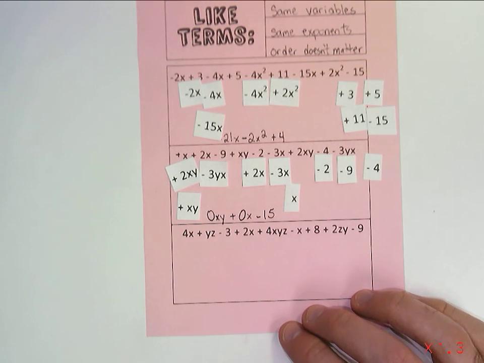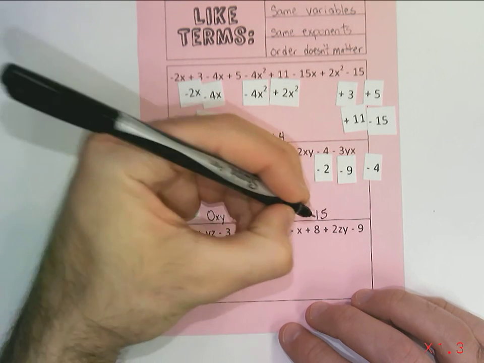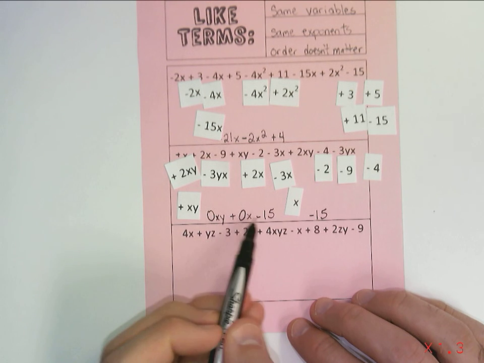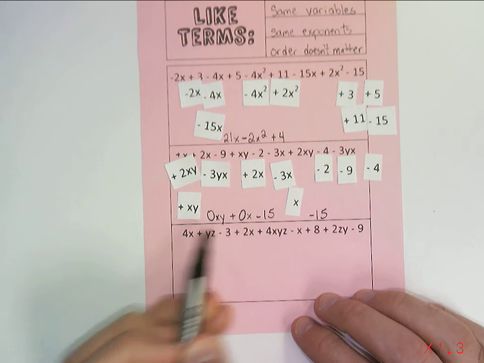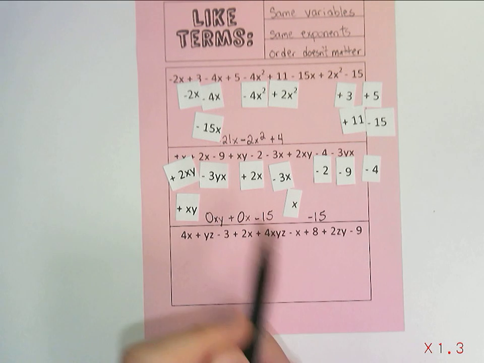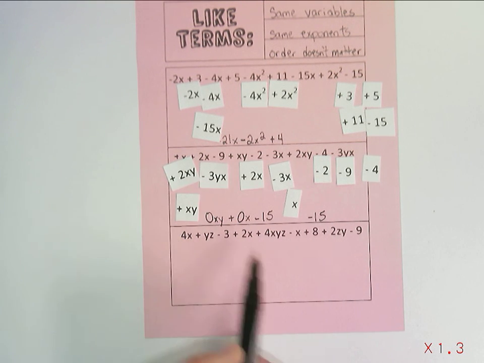Or I could just write my final simplified answer as negative 15. And the reason for that is because there's no xy's and there aren't any x's. So those are gone. We don't even need to write that. Our final answer would be negative 15. So this whole big expression just turns into negative 15 after combining the like terms.